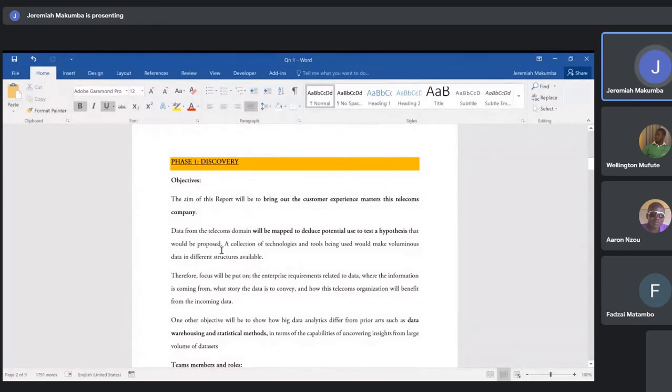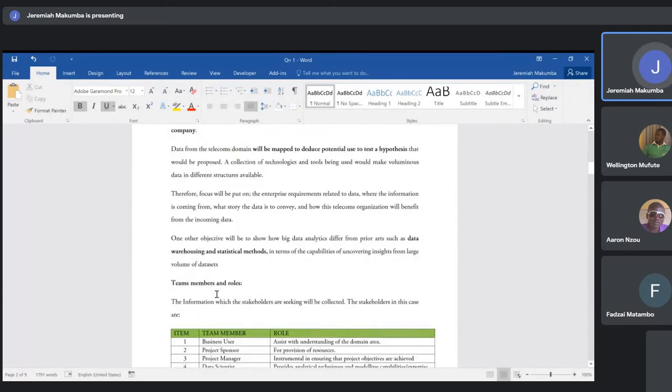The technologies and tools used would handle voluminous data in different structures. This stage will also show how big data analytics differs from prior art such as data warehousing and statistical methods in terms of capabilities of uncovering insights from large volume data sets.